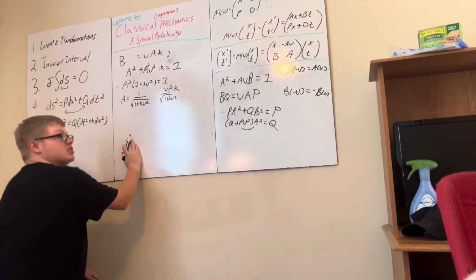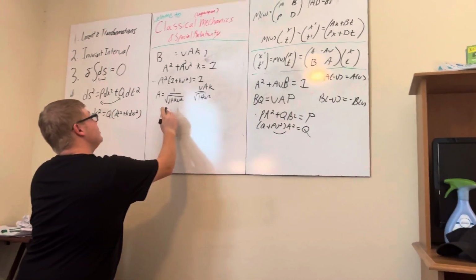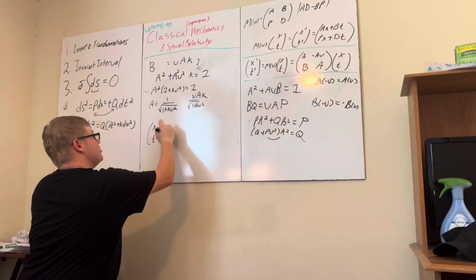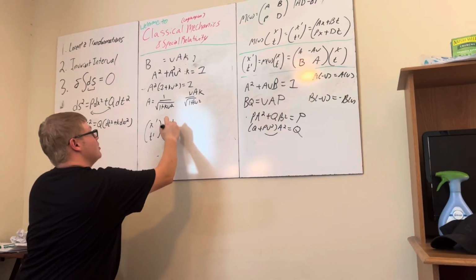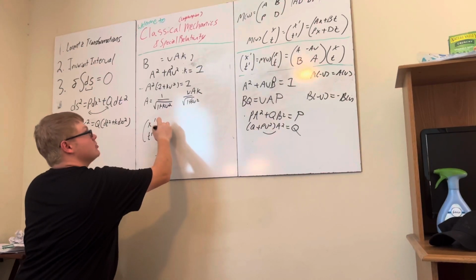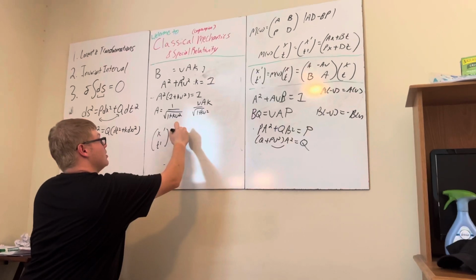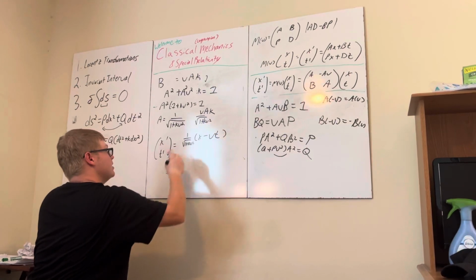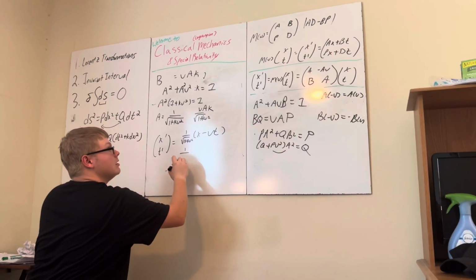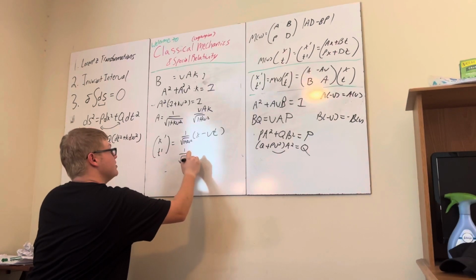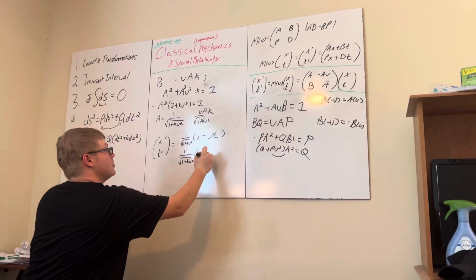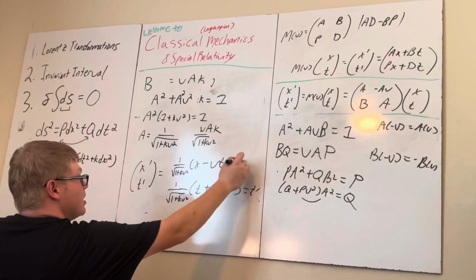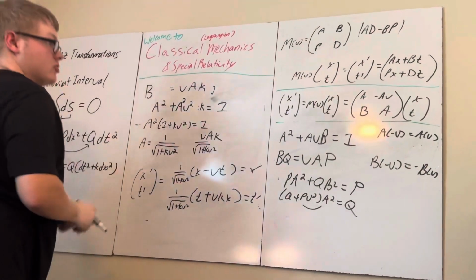So our Lorentz transformations can be written as x prime, t prime equals: x prime equals 1 over the square root of 1 plus kv squared times x minus vt, and t prime equals 1 over the square root of 1 plus kv squared times t plus vkx. Those are our Lorentz transformations.